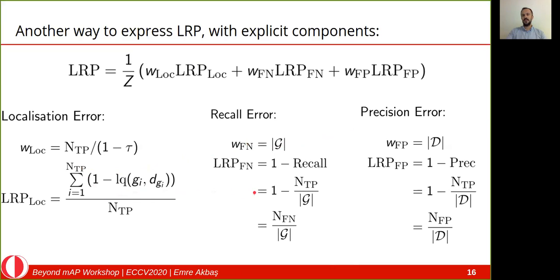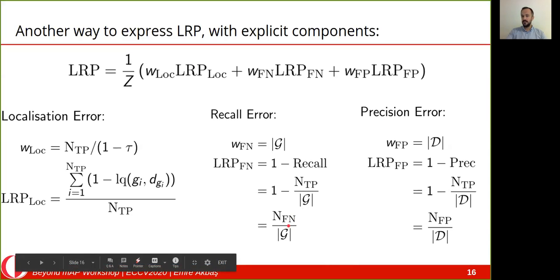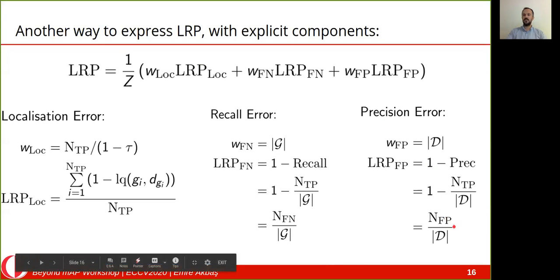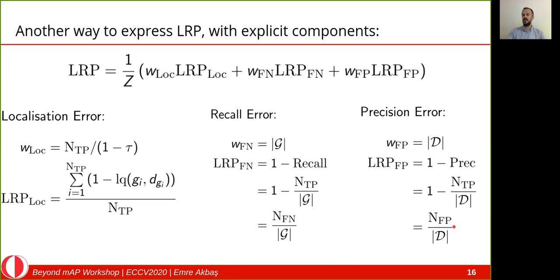Recall error is 1 minus recall, which is 1 minus the number of true positives divided by the cardinality of the ground truth set, and this corresponds to the false negative rate. And the precision error corresponds to 1 minus precision, which corresponds to your false positive rate, the number of false positives divided by the cardinality of the detection set.